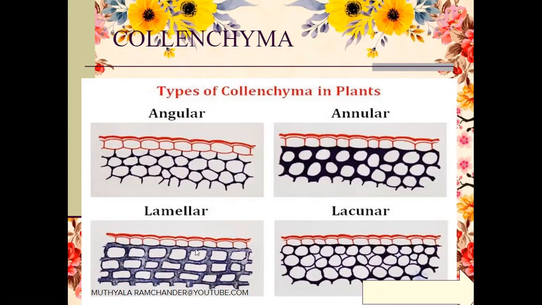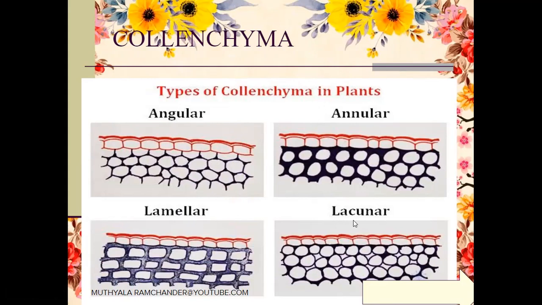The cells are compactly arranged without any intercellular space. Mainly the tangential cell walls are in thickening condition. This type of collenchyma is called lamellar collenchyma.